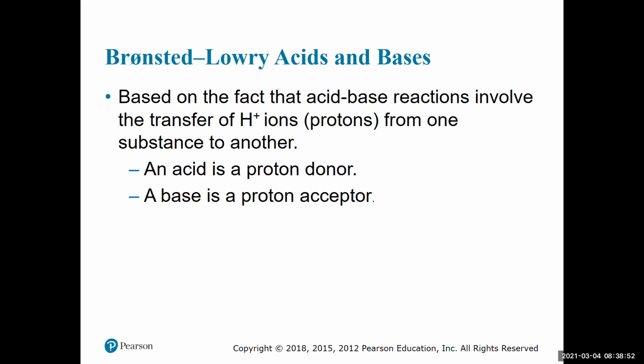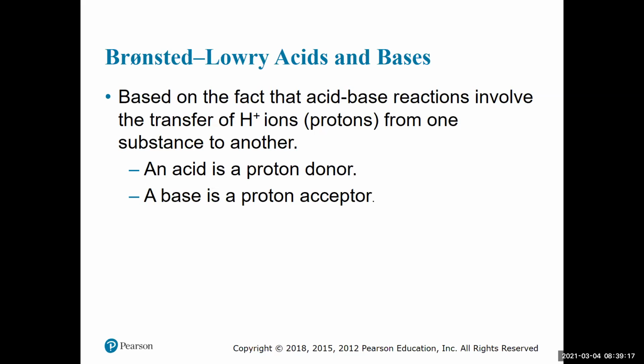One of those other definitions is Bronsted-Lowry. With Bronsted-Lowry acids and bases, acid-base reactions involve the transfer of protons. Proton and hydrogen ion, H+, mean the same thing and are used interchangeably.